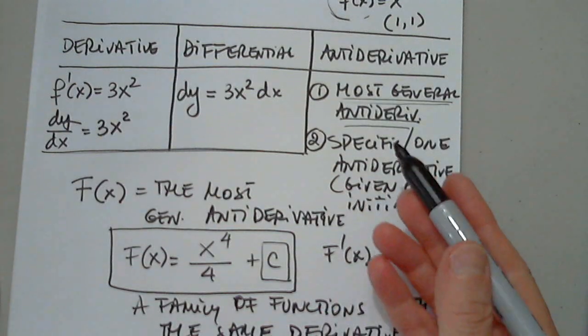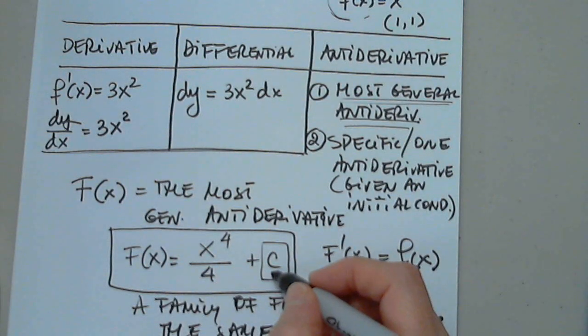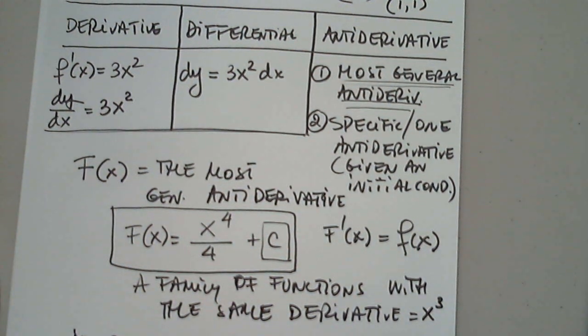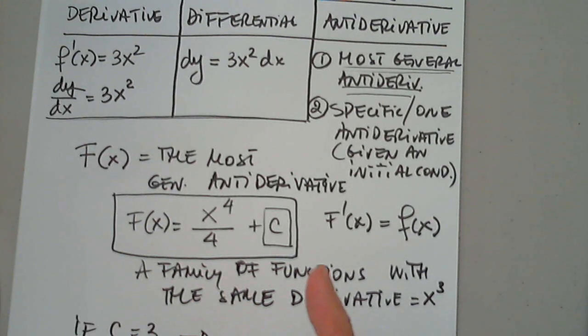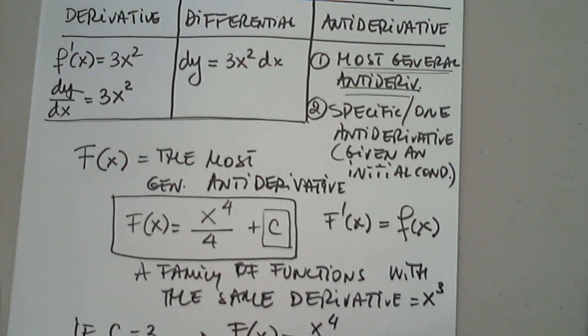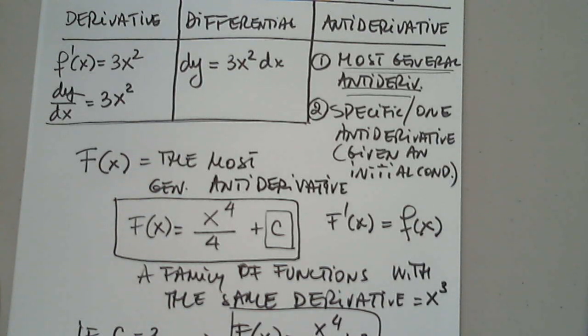But a specific antiderivative will be when we determine c. Let's say if c equals, give me any number for c. 3. Then a specific, unique antiderivative will be this, based on the initial condition.